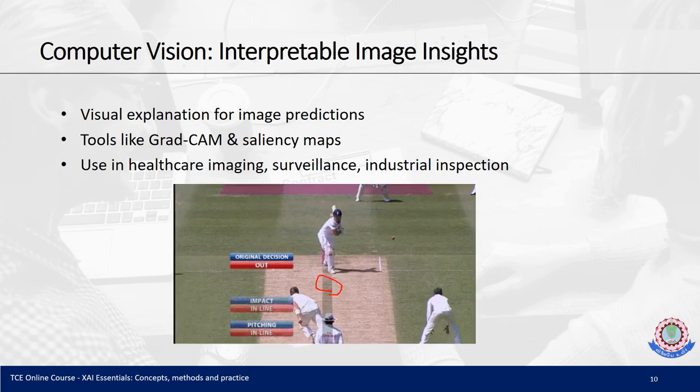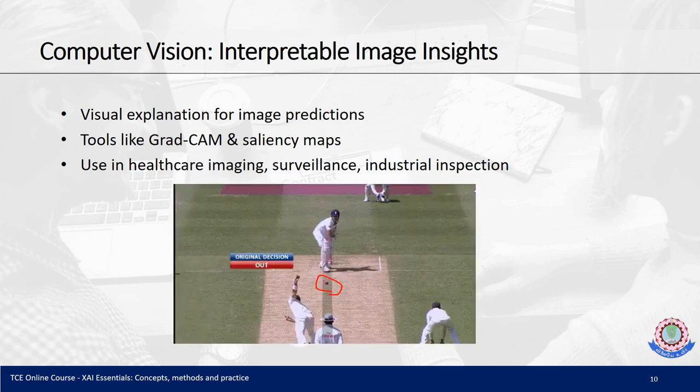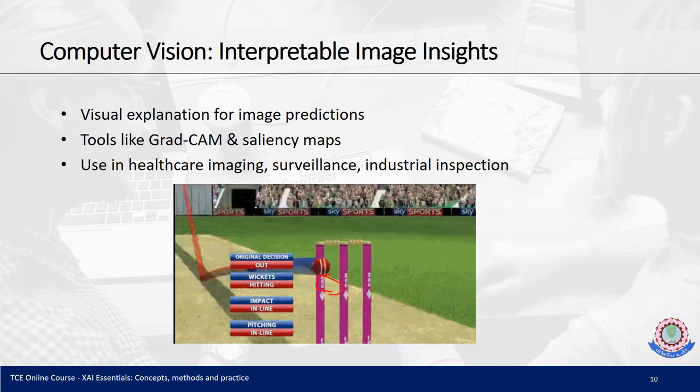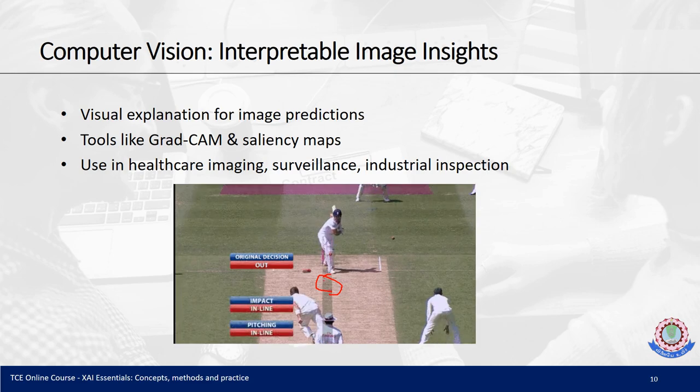We don't know about the angle or any other thing. It just shows an image like this, and we are believing it. With explainable AI, the angle here shows that this angle will directly hit the stumps.